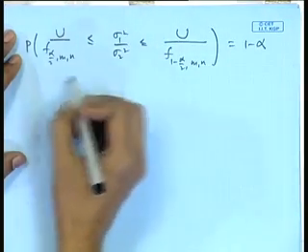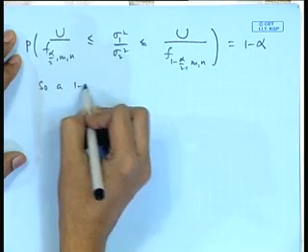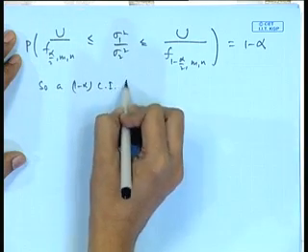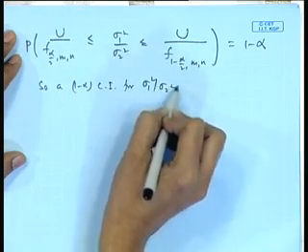So, we have a 1 minus alpha confidence interval for sigma 1 square by sigma 2 square.